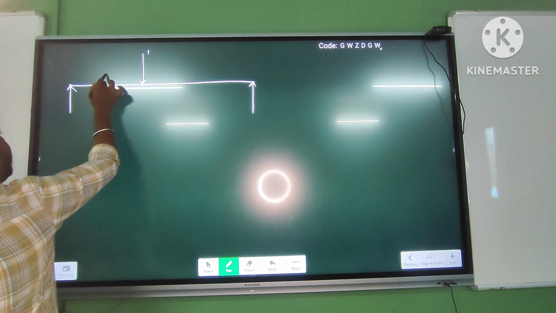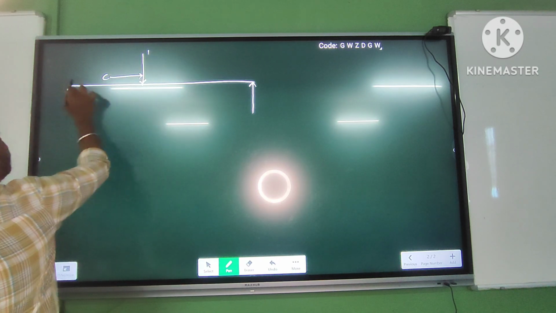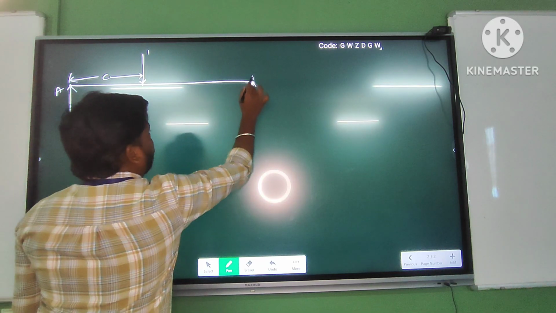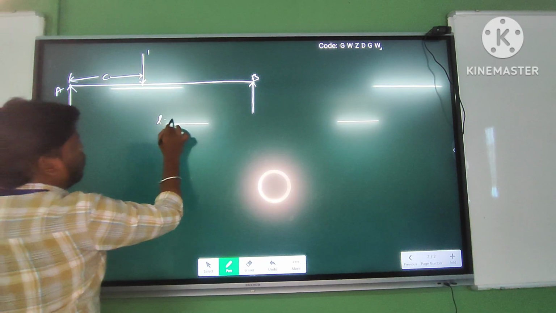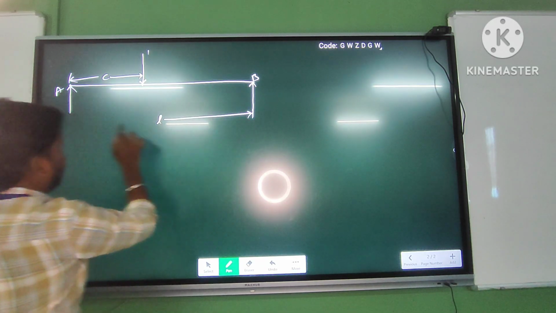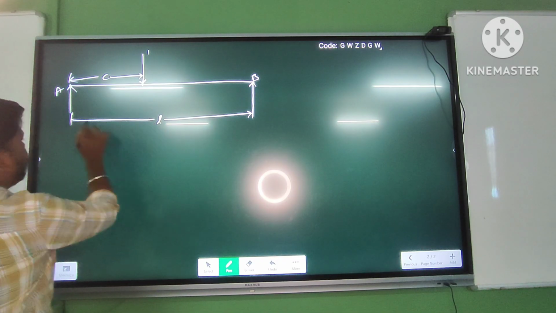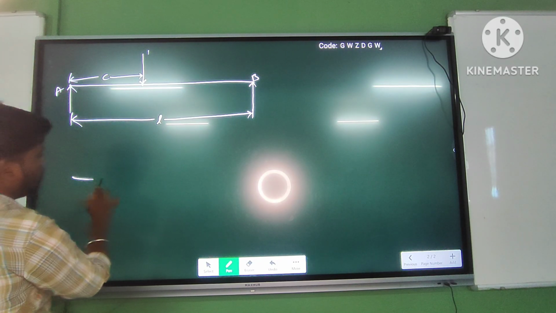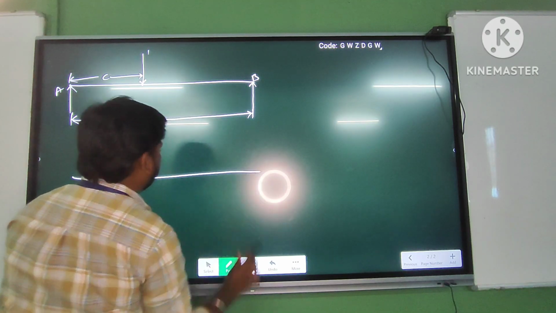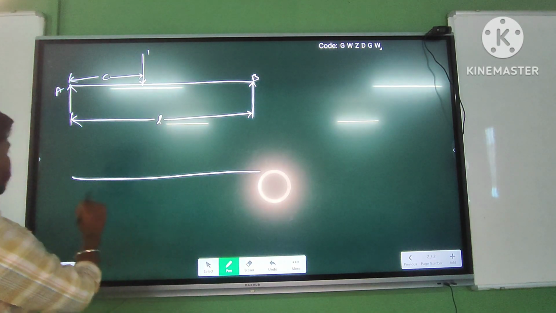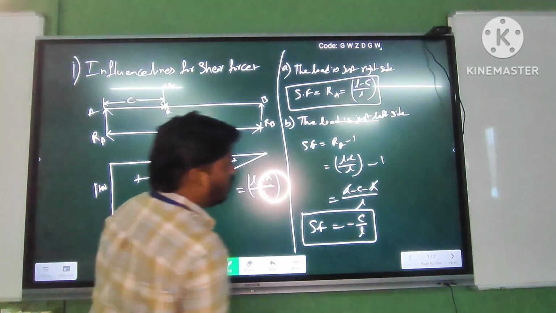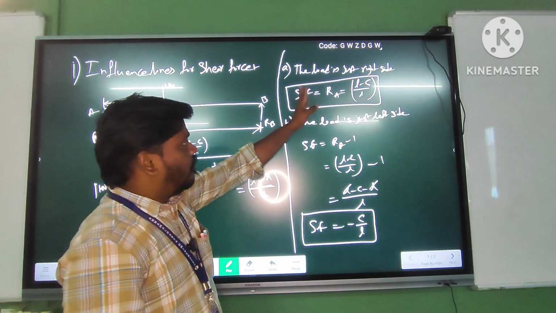Here is point 1 with the distance of C, A and B, the length L. First we will show the condition just right side.